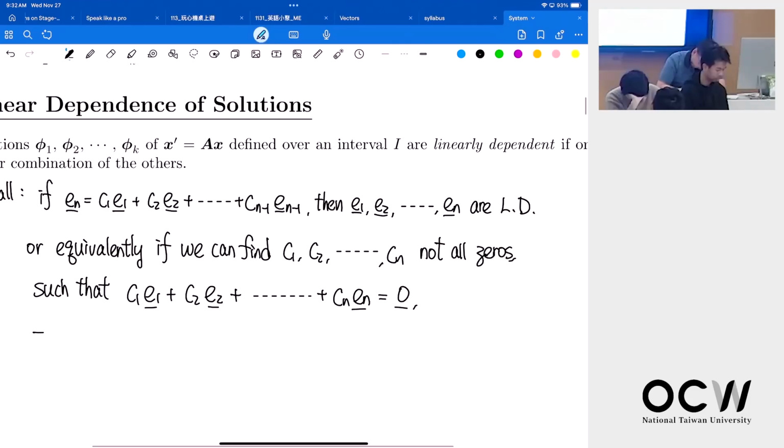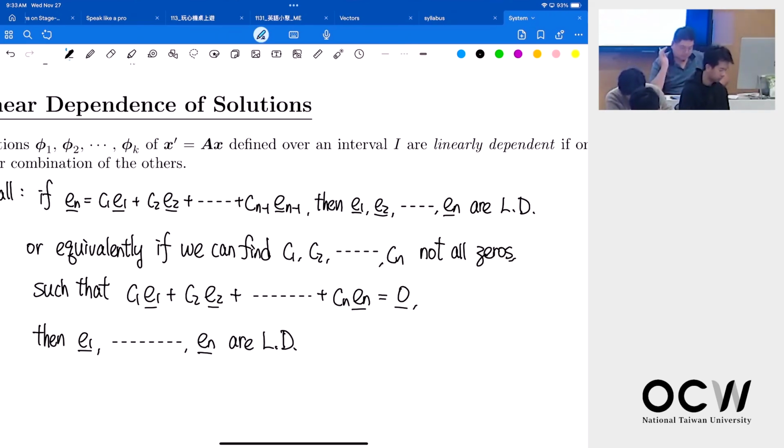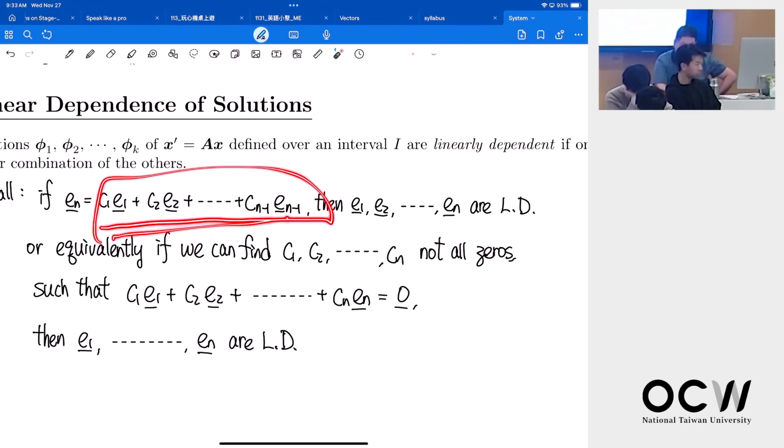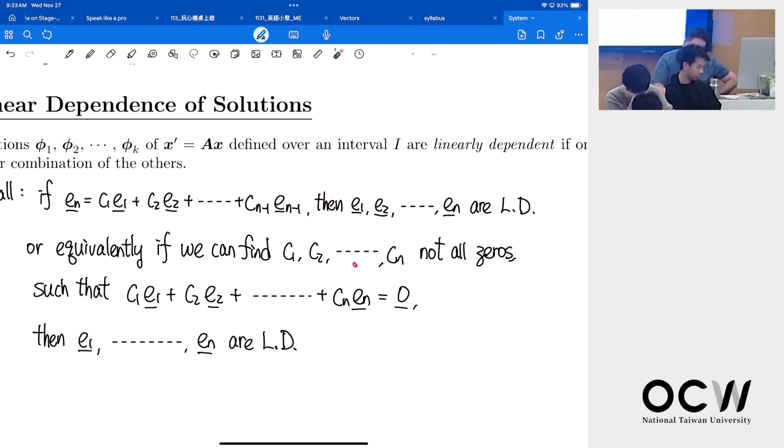Then E1 to En are linearly dependent. So there are two ways to say those vectors are linearly dependent: one vector can be written as a linear combination of the others, or the coefficients for their corresponding vectors are not all zeros.